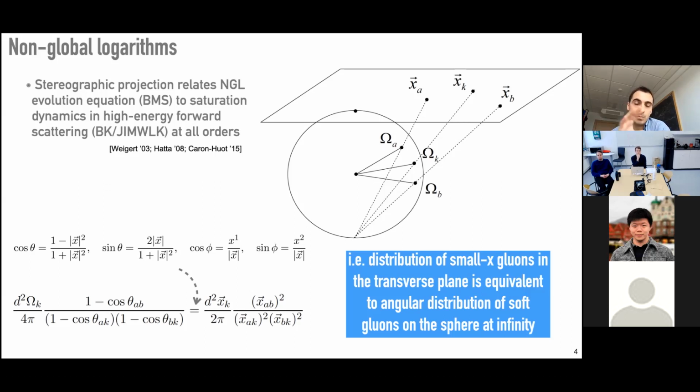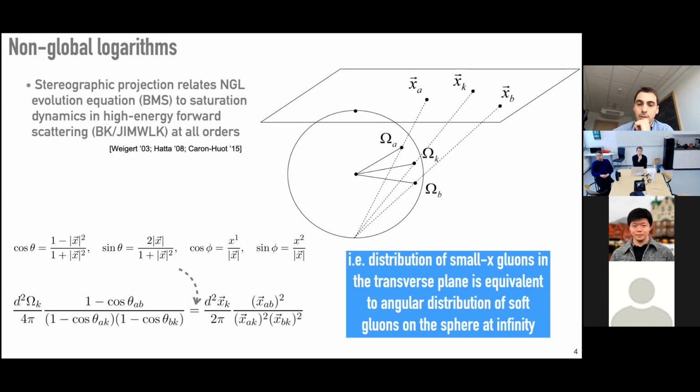And the two apparently very different kinematical regimes can be connected by a very elegant stereographic projection that basically allows us to look at the two problems as the dual of each other, which means that if progress is made theoretically in the understanding of one problem, this can be ported within some conditions into the other problem, which is extremely interesting.